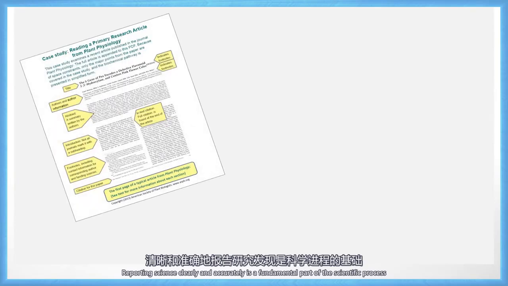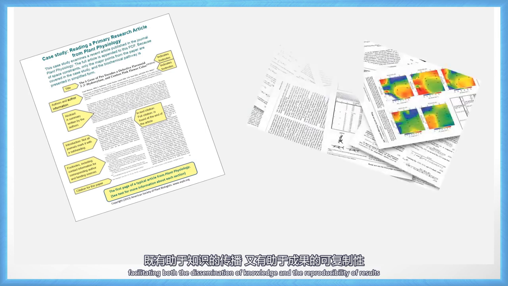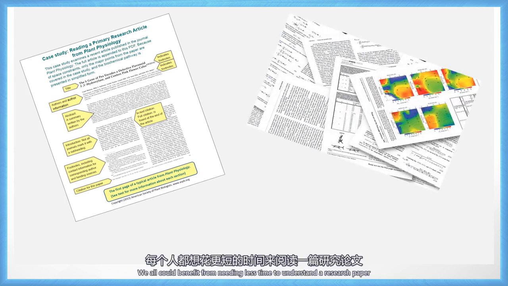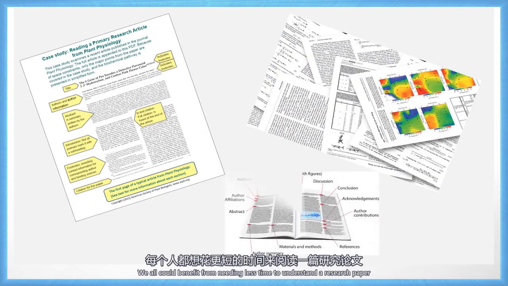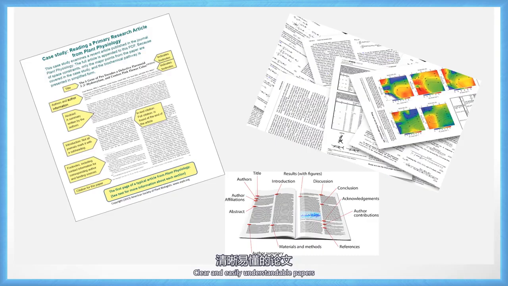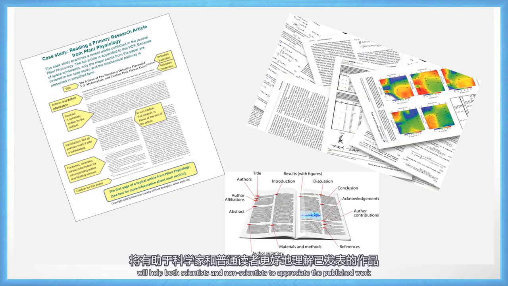Reporting science clearly and accurately is a fundamental part of the scientific process, facilitating both the dissemination of knowledge and the reproducibility of results. We all benefit from needing less time to understand a research paper. Clear and easily understandable papers will help both scientists and non-scientists to appreciate the published work.